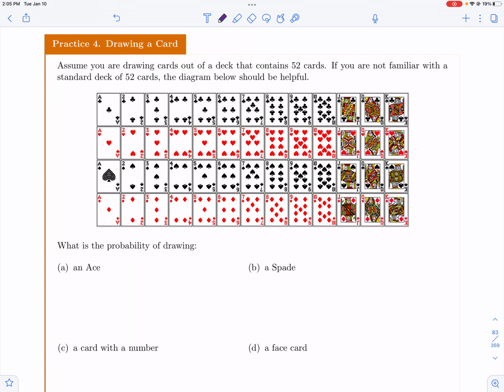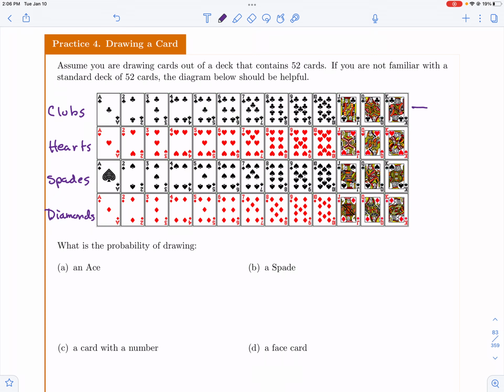So in this case, the top row is called our club suit. The second row down is hearts. The third row down is spades. And the fourth row down is diamonds. And notice that we've got different colors. So we've got either black or red.